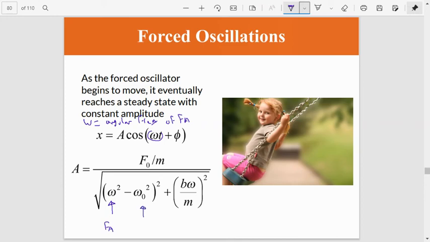Then you have the natural frequency of the oscillator, which accounts for the frequency that you'd have if it was just a simple harmonic oscillator. And then the third term at the bottom accounts for the presence of the damping force that's there to ruin your day: as the damping force gets bigger, the coefficient gets bigger and the amplitude becomes smaller.